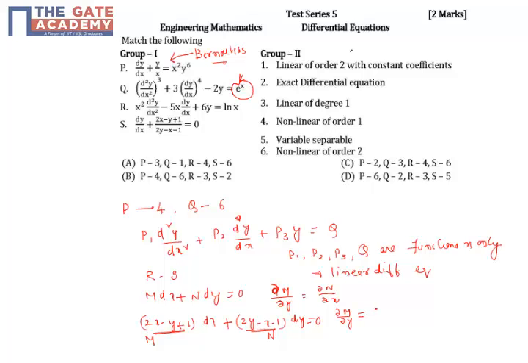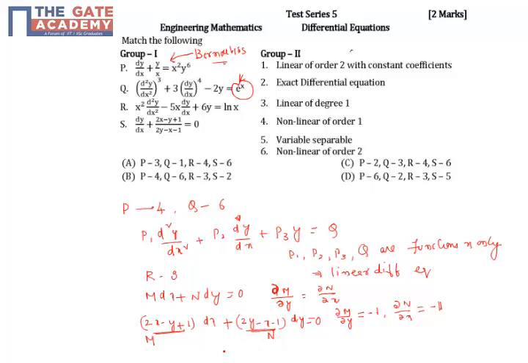When you are differentiating with respect to y, x is constant, so its value is minus 1. And ∂N/∂x, so N is 2y minus x minus 1, when you partially differentiate with respect to x, you will get minus 1. So ∂M/∂y equals ∂N/∂x. From these statements, I can say this equation is an exact differential equation.